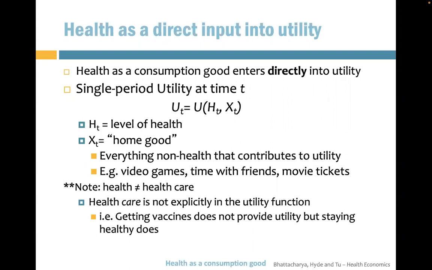For example, getting a vaccine does not provide utility directly, because there are some side effects, at least some soreness. But staying healthy does. Staying healthy is a component of the utility function and gives utility directly, whereas getting vaccines provides utility indirectly.